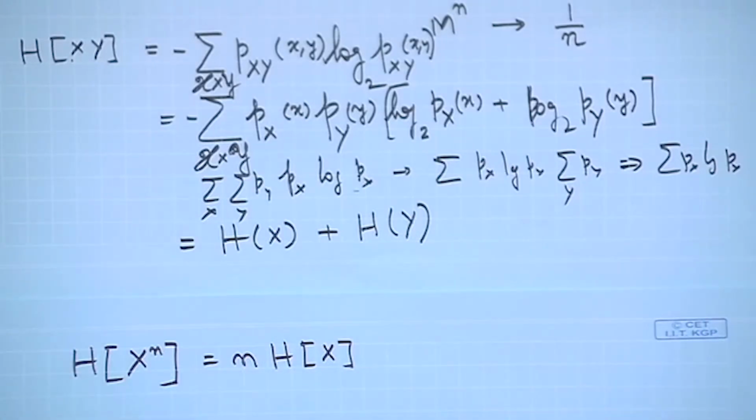If all of them are identical, what we have is H of X plus H of X plus H of X plus H of X. So, what we have is 4 times H of X.